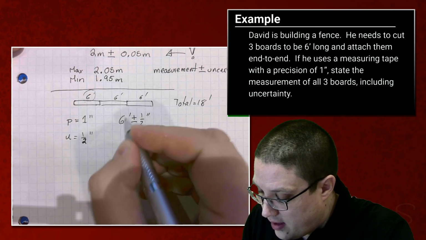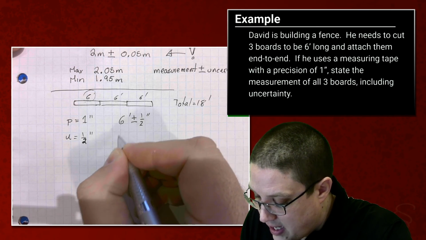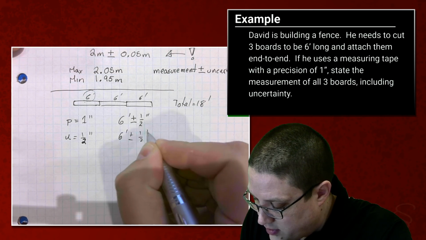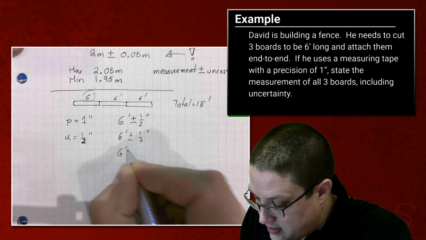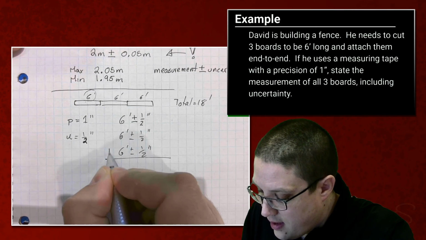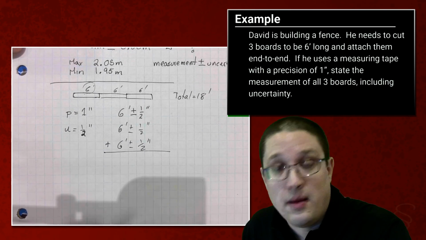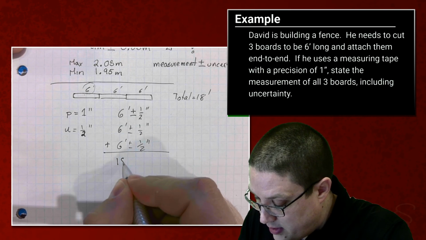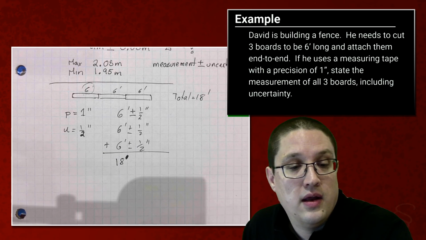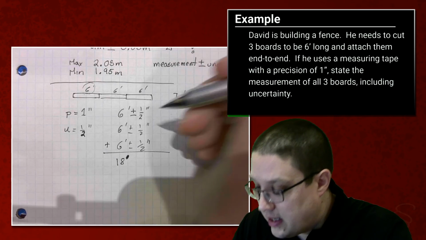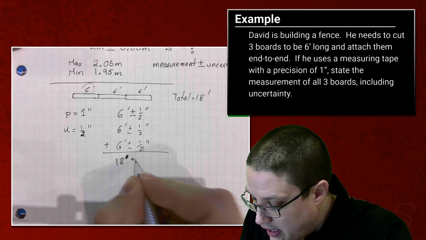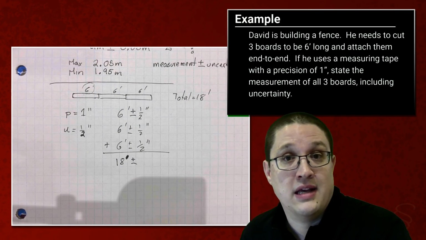So I might have 6 feet plus or minus 1/2 inch, plus 6 feet plus or minus 1/2 inch, plus 6 feet plus or minus 1/2 inch. When I'm adding all 3 of these up, my measurement is still 18 feet, but because each of these boards might be off by 1/2 inch, I have to add my uncertainties as well.